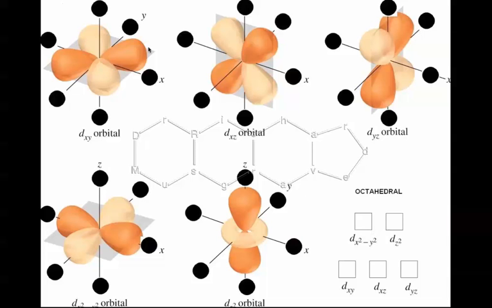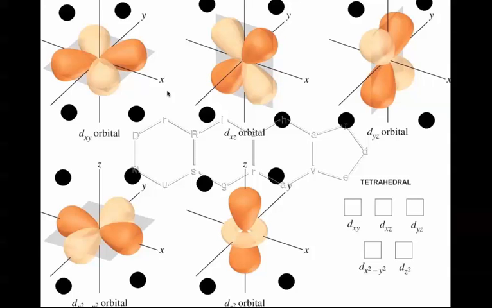Now these here that lie in between the axes aren't directly interacting with the negative charges of the ligands, so those are going to be of lower energy. So what this results in is what's called d-d splitting, where you've got these 2 up here and these 3 down here, the ones that directly interact being higher energy and the ones that don't interact being lower energy. And that's what we get for an octahedral arrangement.